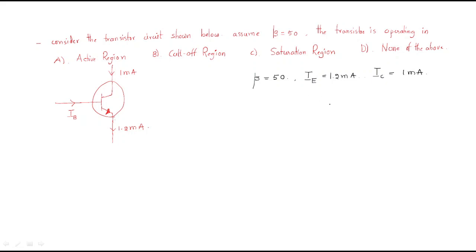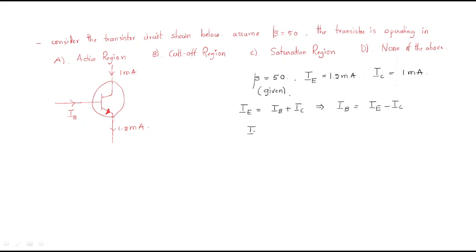Okay, so to verify this, first we will find out the base current. This is the given beta, don't forget this is the given beta. First you find out the base current. So for that purpose, emitter current equal to base current plus collector current. So from this I will write the base current equal to emitter current minus collector current.